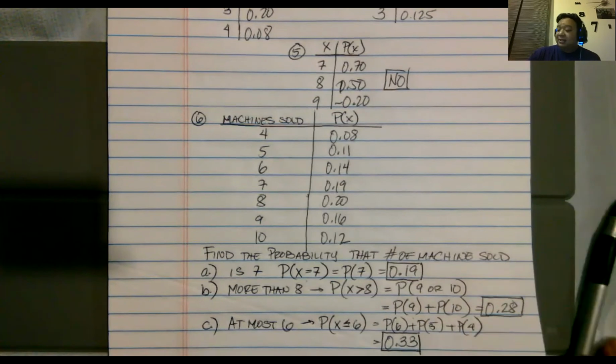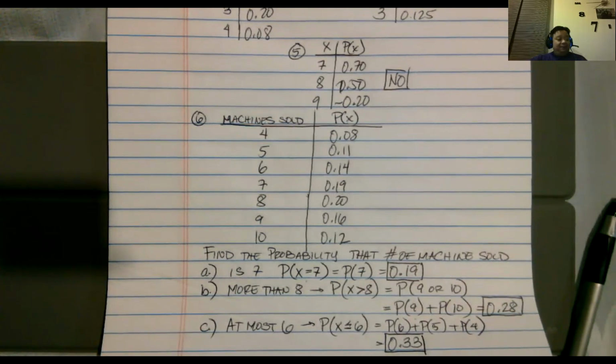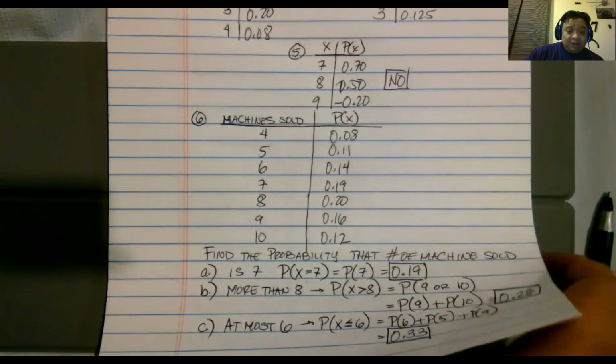So problem number 6, any questions on that? Okay. All right, so I'm going to go ahead and flip the page because I'm at the end of that sheet of paper.